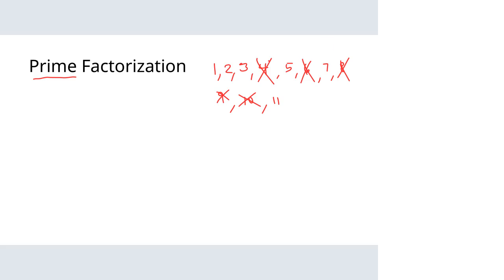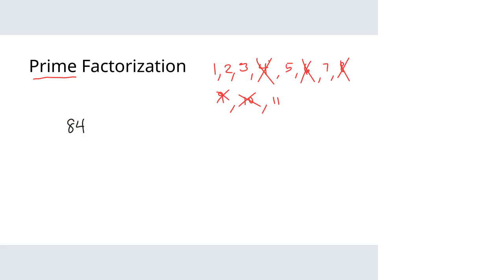Here's an example. We're going to look at the number 84, and we're going to find the prime factorization of 84 by breaking it down. Like I said, you may have called this factor trees somewhere along the line, because that's how it works. Now, there's a lot of different ways to write 84. Actually, I'm going to do this two different ways. I'm going to do it over here, and I'll do it again with a different approach.